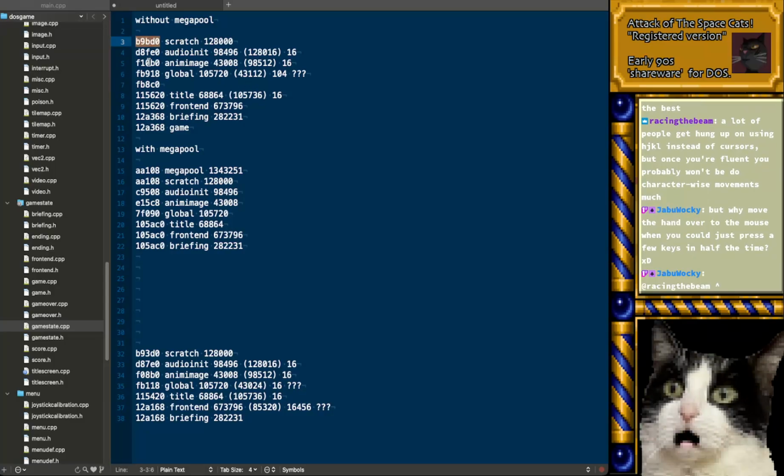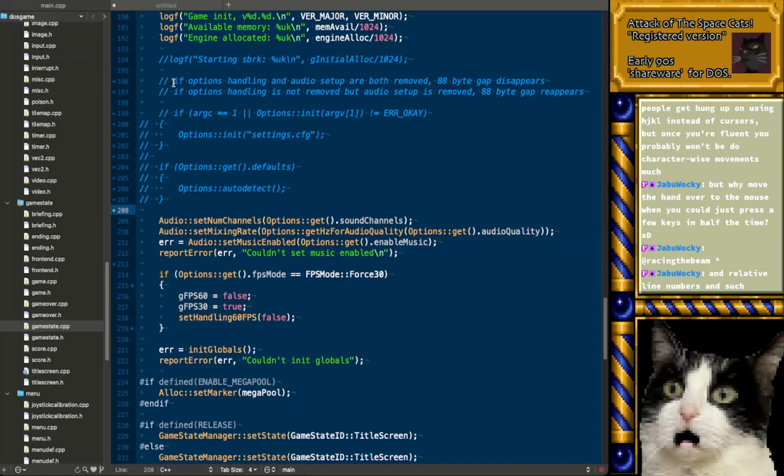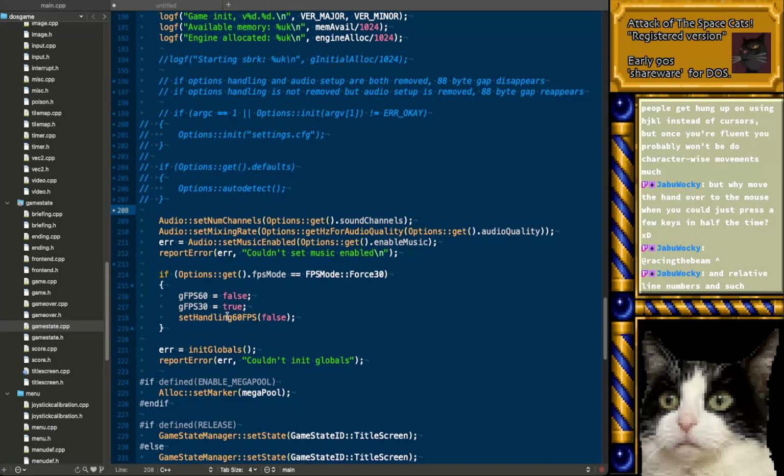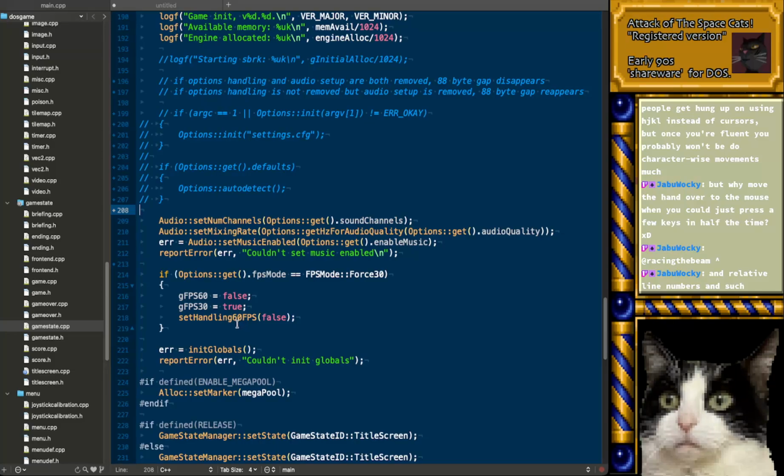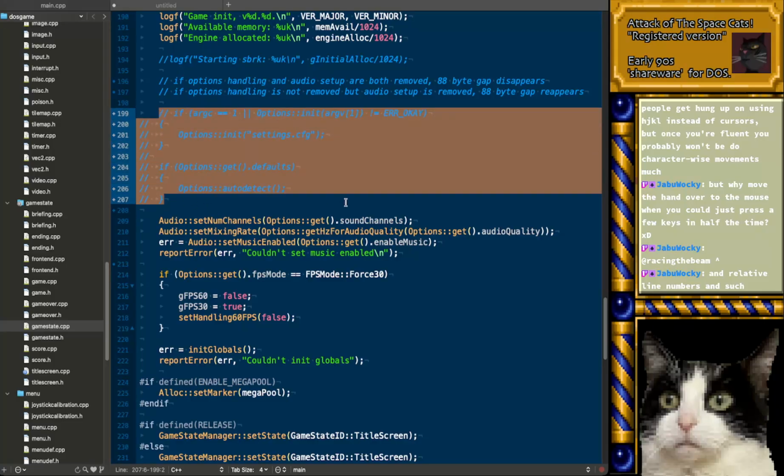0, and then FB918, which is the wrong one again. So if either of these things is enabled, we get an 88-byte gap. That's a bit odd, because if it was just that, I would blame file handling.